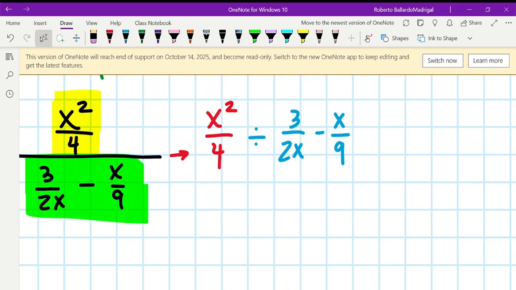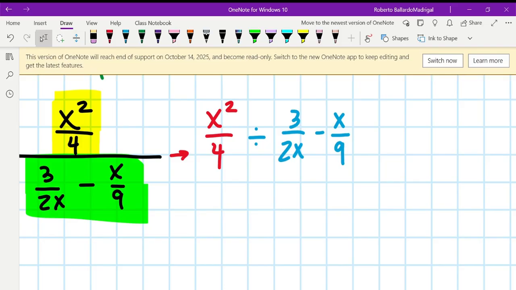Okay, this looks a little bit easier to manage, but there's a problem here. Let me close the door. The problem that we have now is that the second half of the argument is a subtraction, which we are going to have to simplify before we can actually divide anything out.